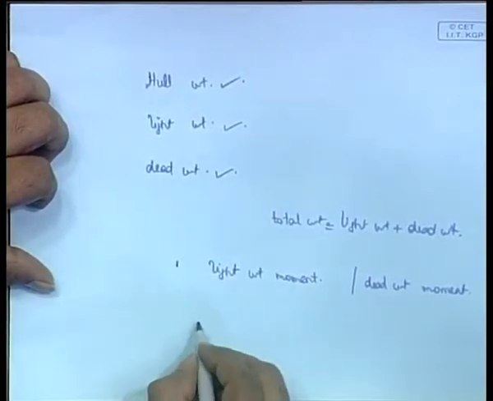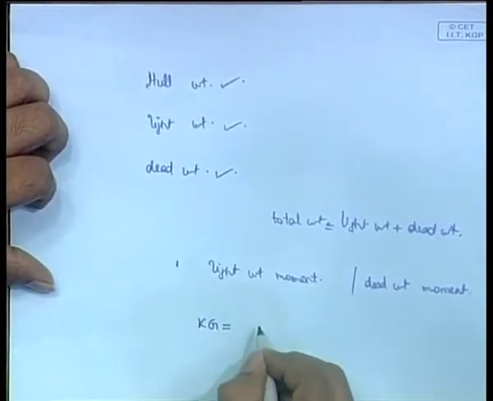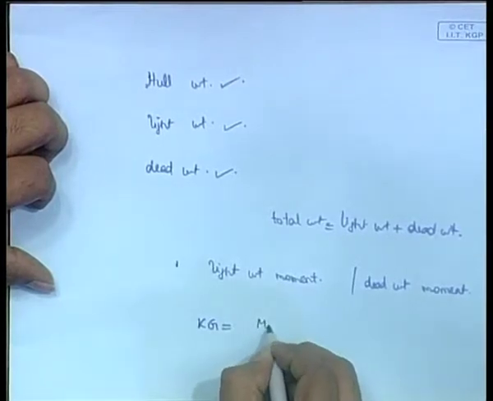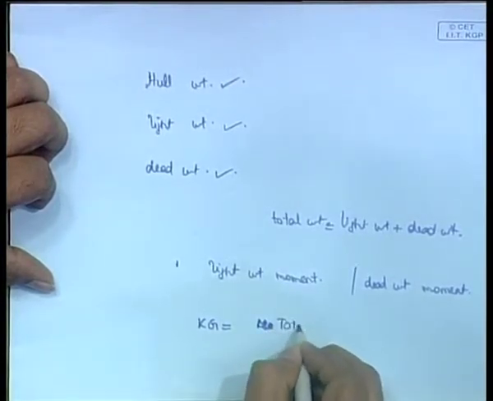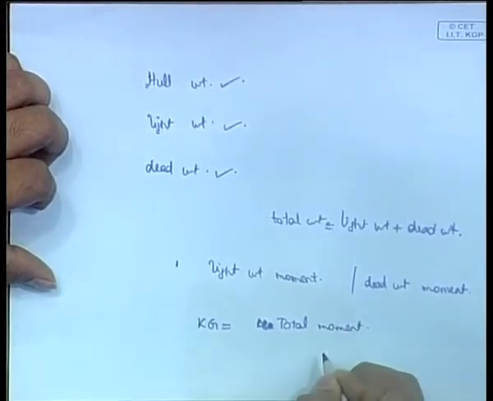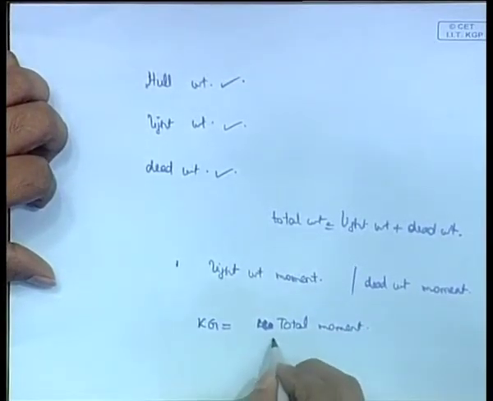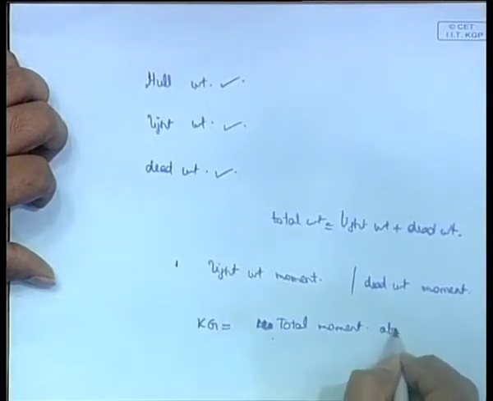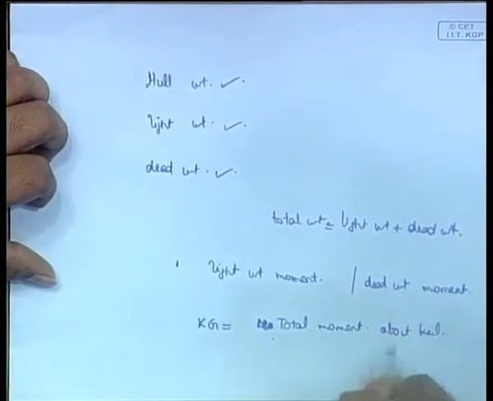Now, therefore, we usually define KG to be the total moment about the keel divided by the total displacement.